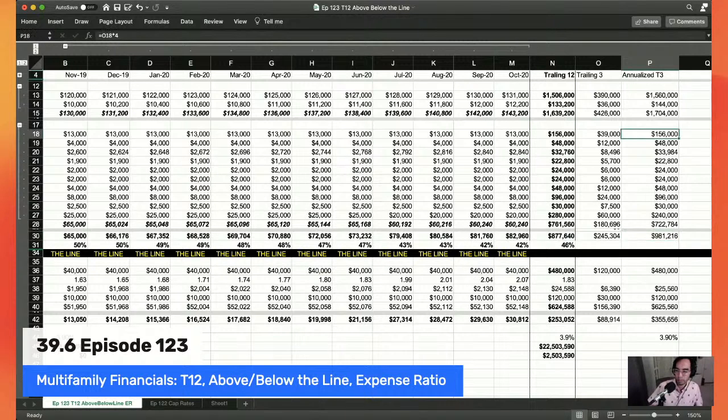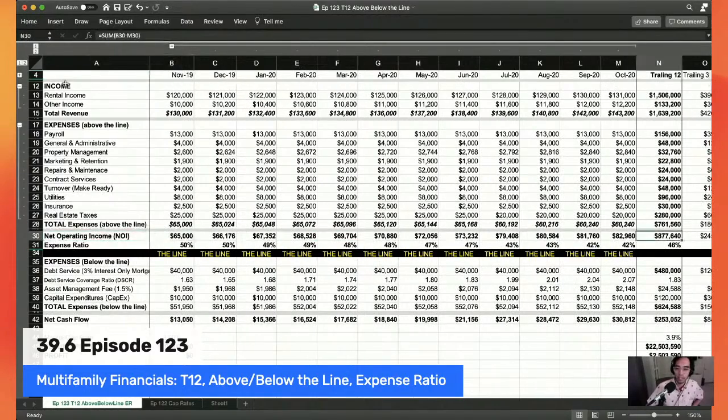$981,000. This is not right. It should be lower. Okay, so it should be 39,000, and oh, that's because I took my NOI. Oh, let's see. Oh, that's right. 722 versus 761. Okay, so that is smaller. Okay, so all of these numbers here are smaller. This number here is the net operating income.